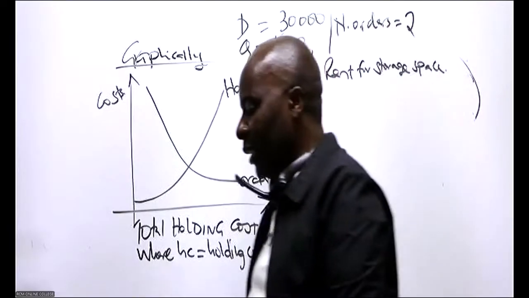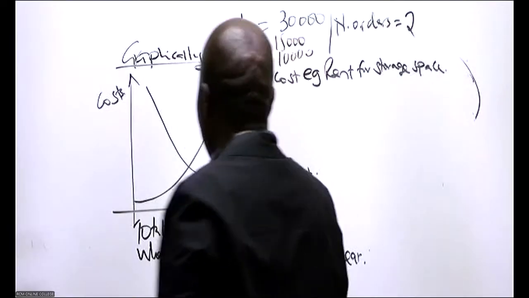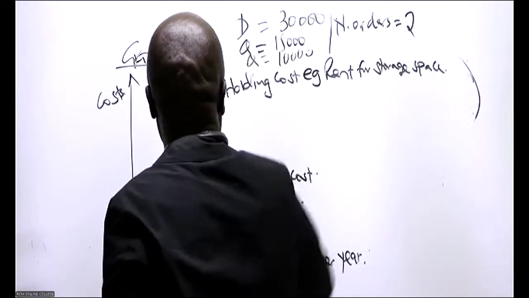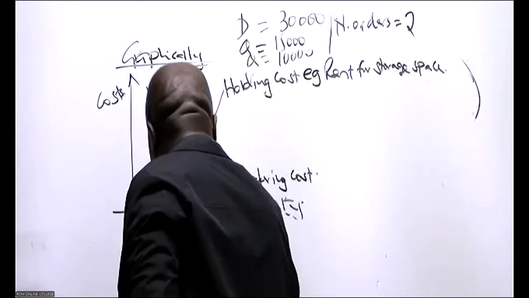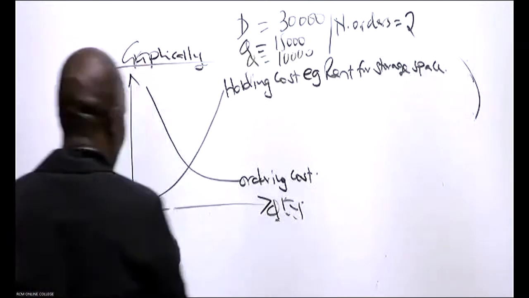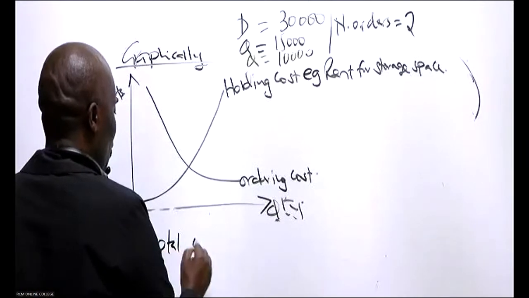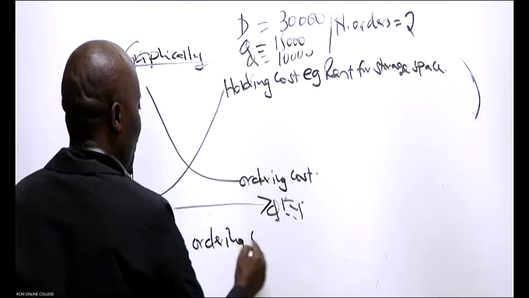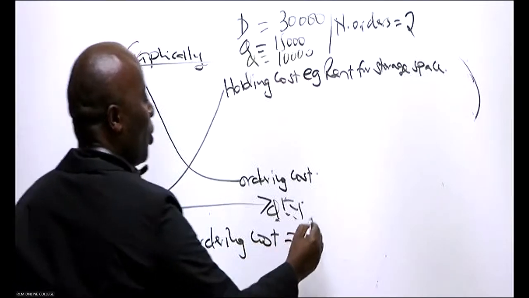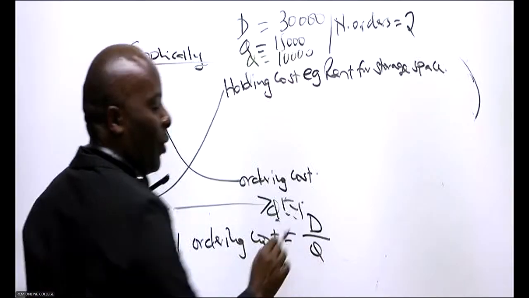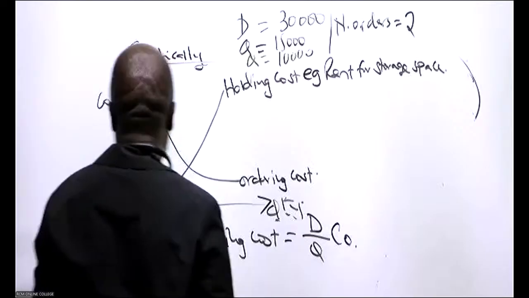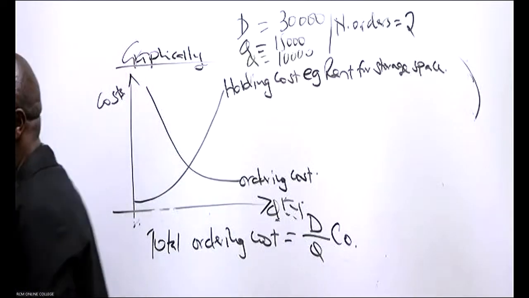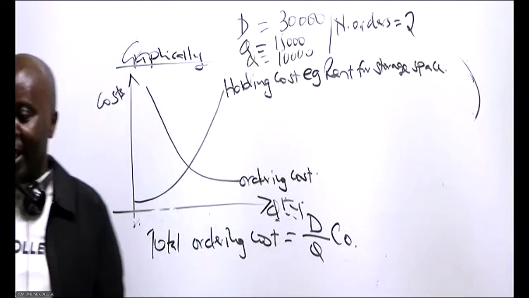The most important thing for you right now is to appreciate the formula for total ordering cost. To get total ordering cost, we normally take D over Q, number of orders, times CO. Number of orders times CO.